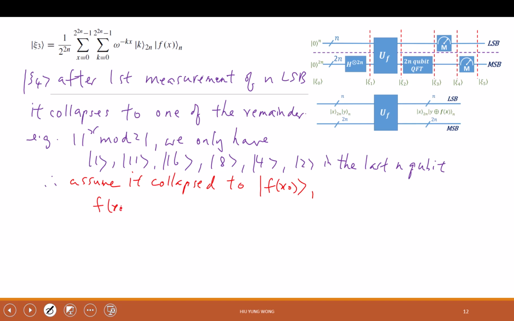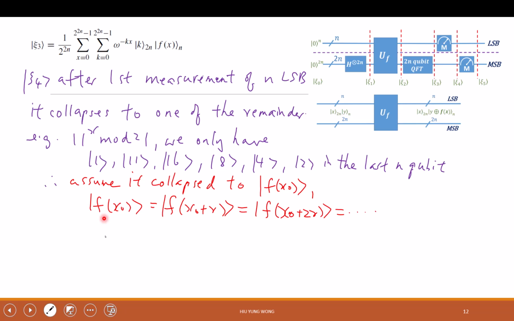We know that f of x0 equals f of x0 plus r equals f of x0 plus 2r, right? Because it's a periodic function.